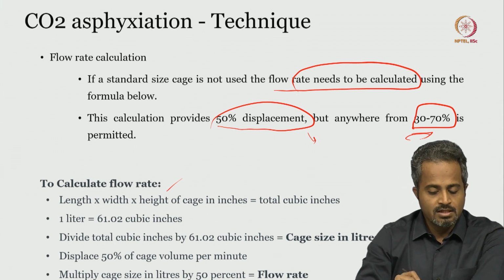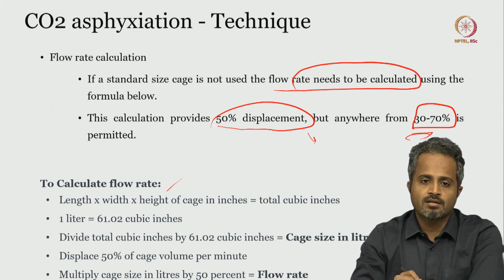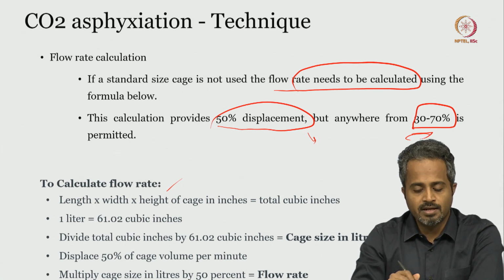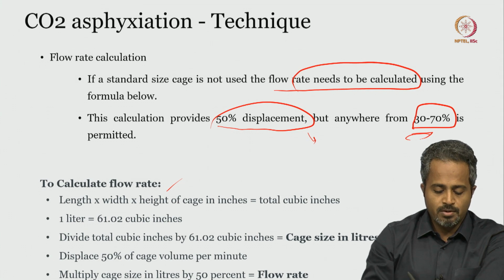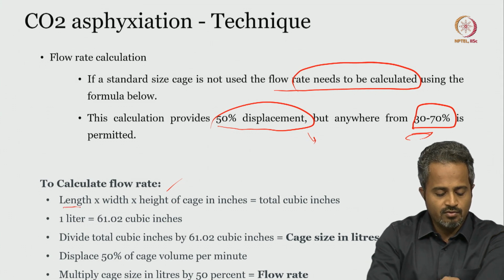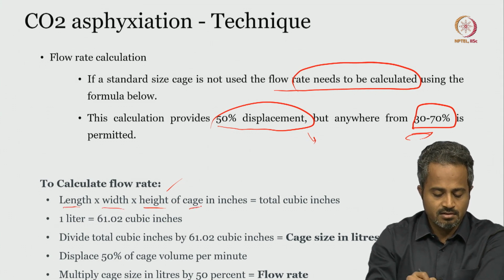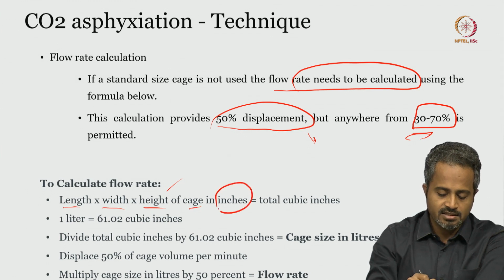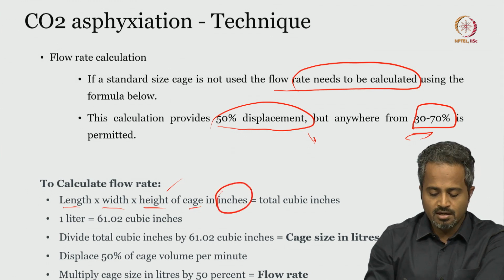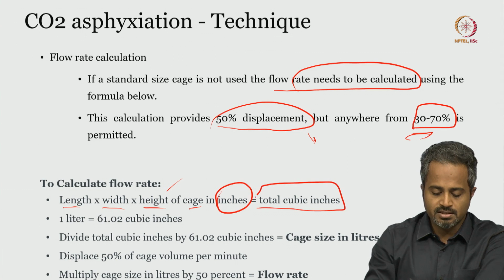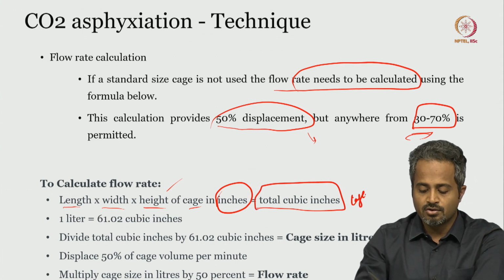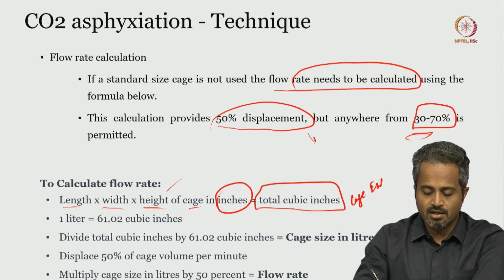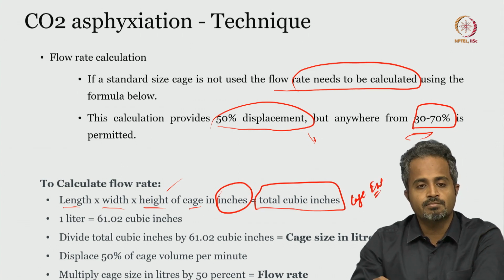All right. So, how will you calculate the flow rate that is required to maintain this displacement? You will get the length, width and height of the cage, all right, and that is in inches. Once you do that calculation, you will get total cubic inches. This is for the cage that you are using for euthanasia, or in other words, this is the euthanasia chamber size.